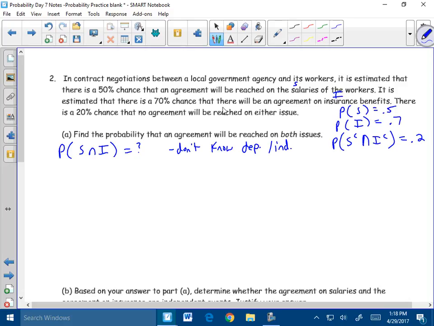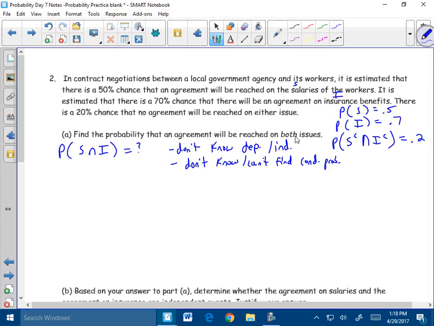So I'm out of luck. All right, don't know. Can't find the conditional probability. So I'm kind of out of luck with all the other stuff we've been doing. Can't use any of those formulas to help me answer this question.